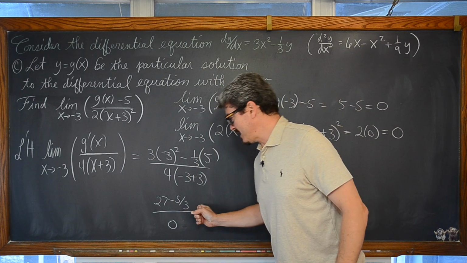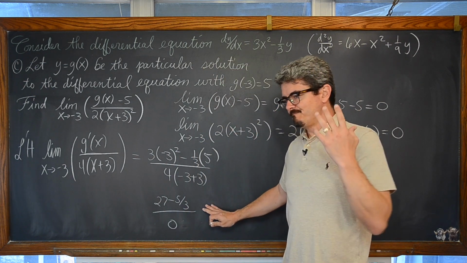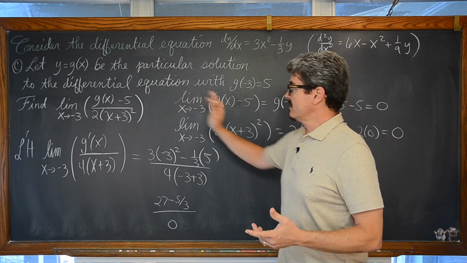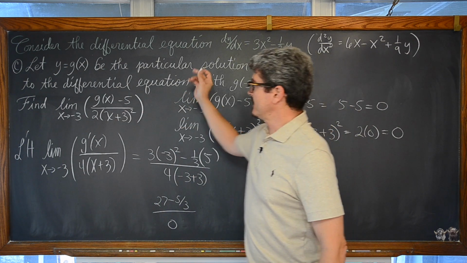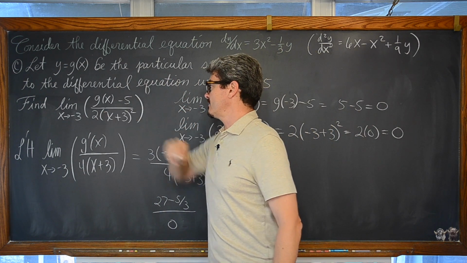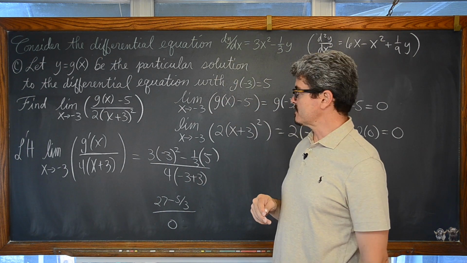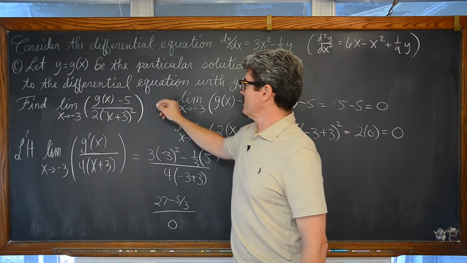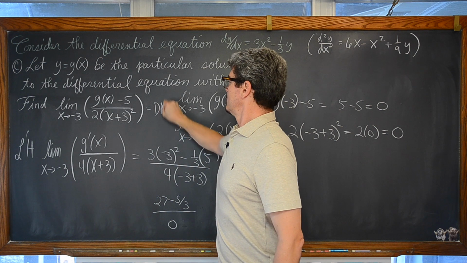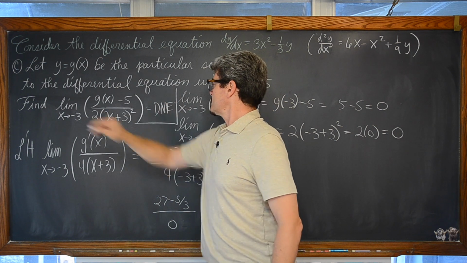But this is basically indicating here that it just simply does not exist, okay? The limit as x approaches negative 3 of g of x minus 5 over 2 times x plus 3 squared does not exist in this case.